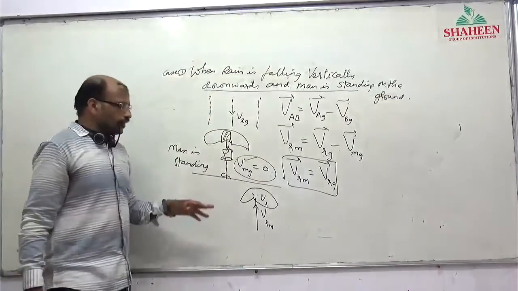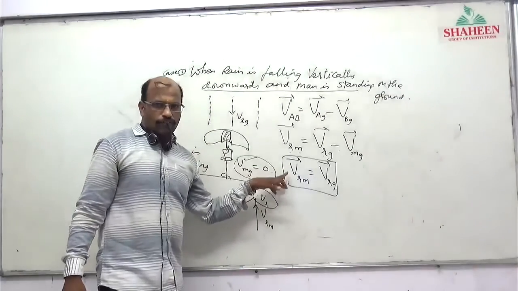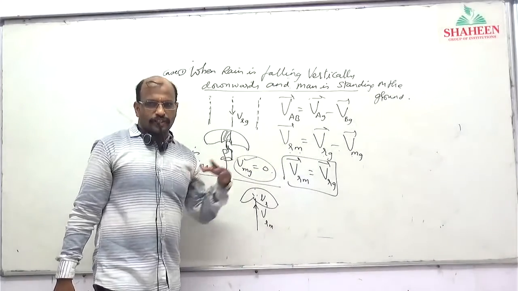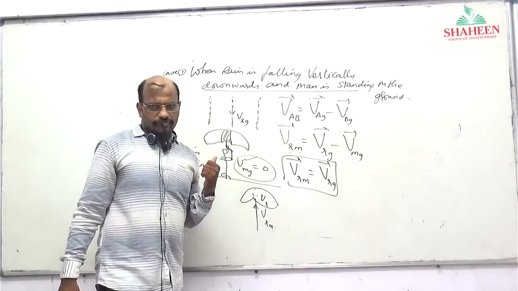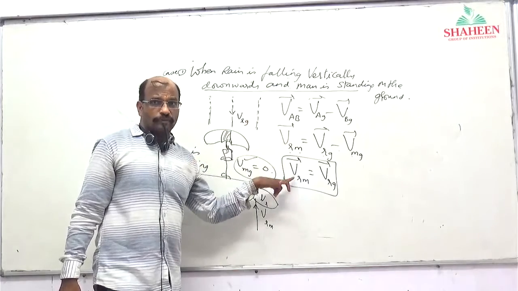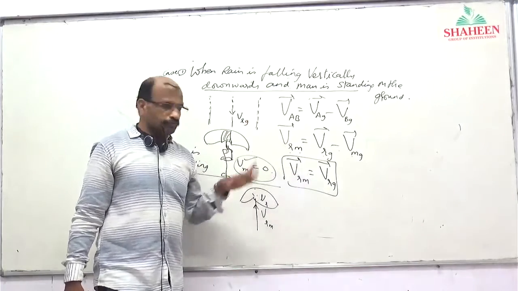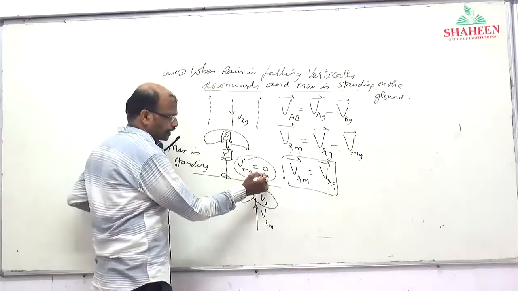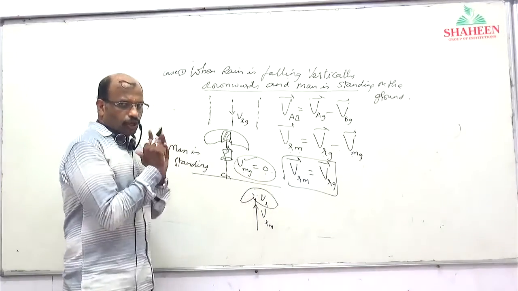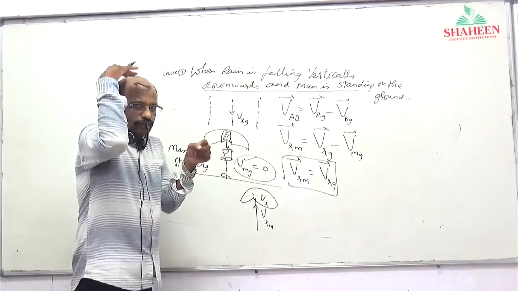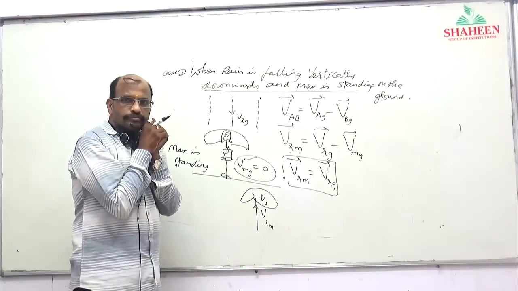Here VRM is equal to VRG. How did we get that? Because man is at rest. That's why we got VRM equal to VRG, as VMG is 0. He should not tilt his umbrella like this. If he tilts it, rain will fall on him.